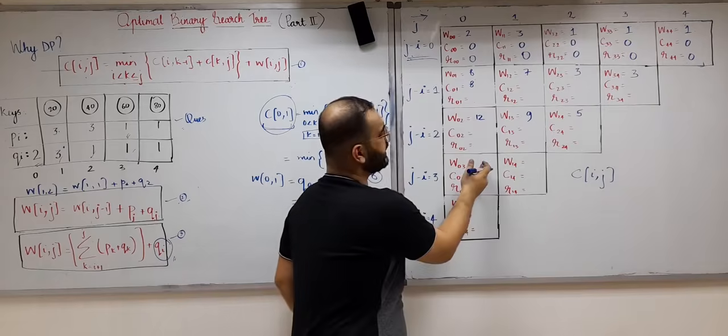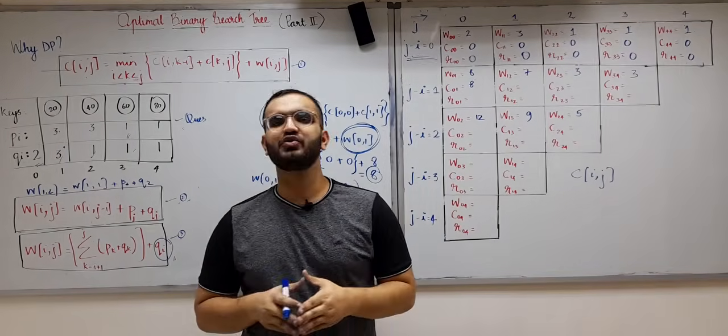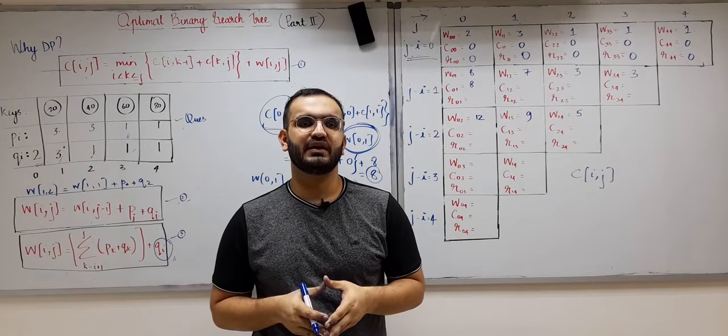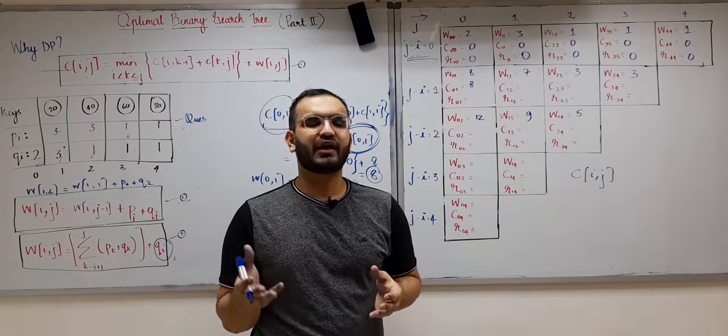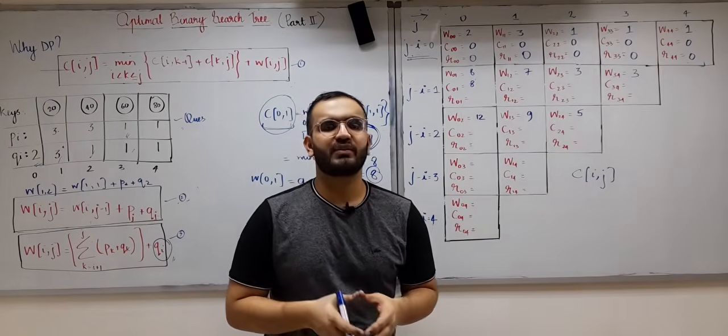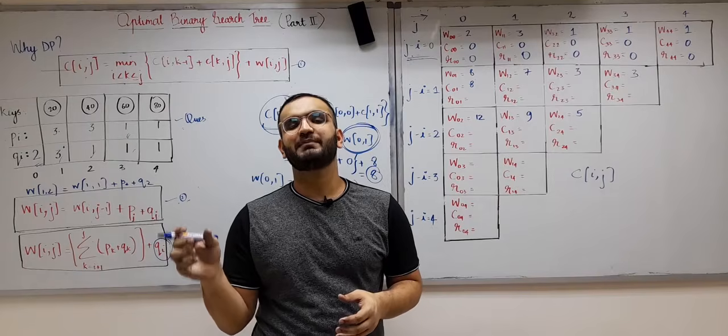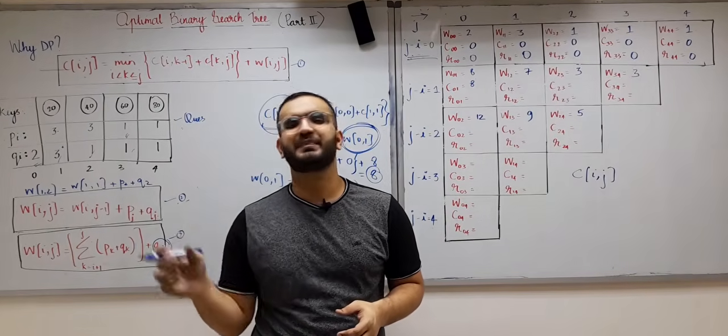In the same way, W0 comma 3 will be equal to, now you will have to actually expand this W0 comma 3. You can obviously say that W0 comma 3 is actually equal to P0 plus P1 plus Q1 plus P2 plus Q2 plus P3 plus Q3.